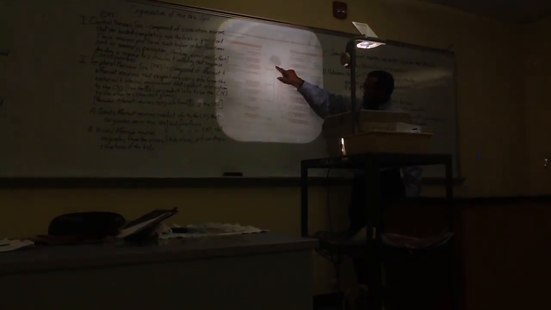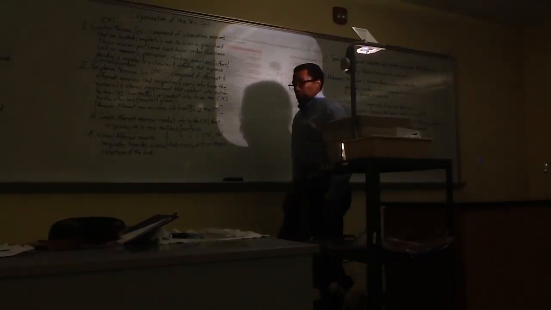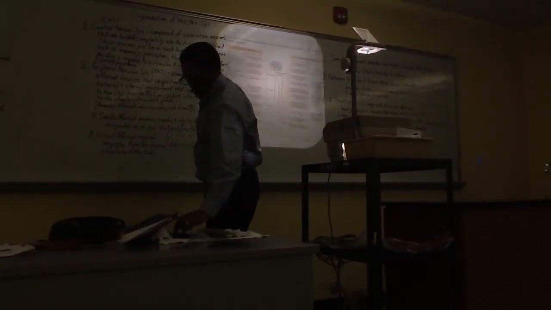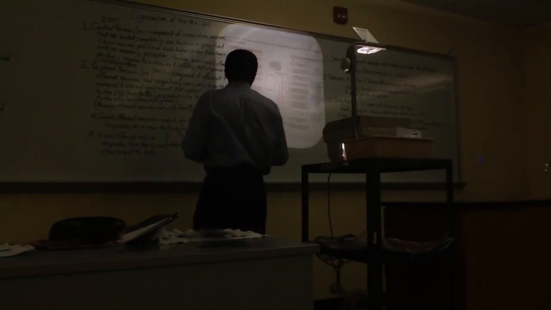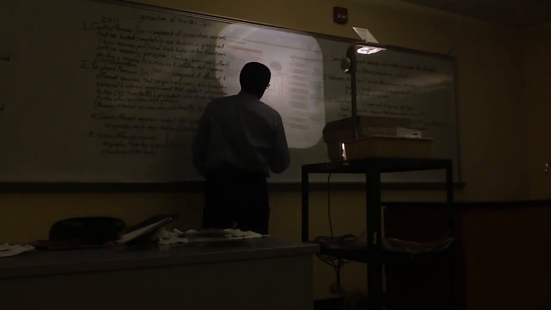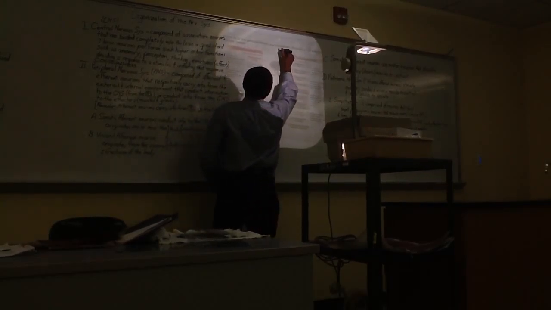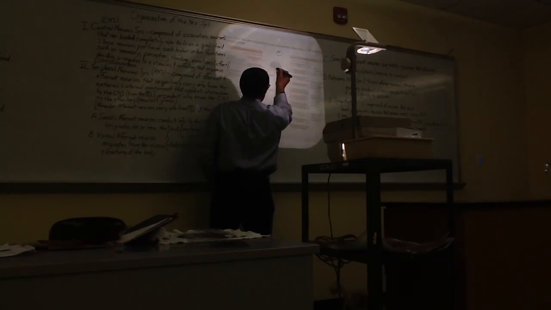But the dots that you see will represent groups of nerve cell bodies. So imagine that you got a lot of neurons represented here, and this will be represented by a dot here and here.